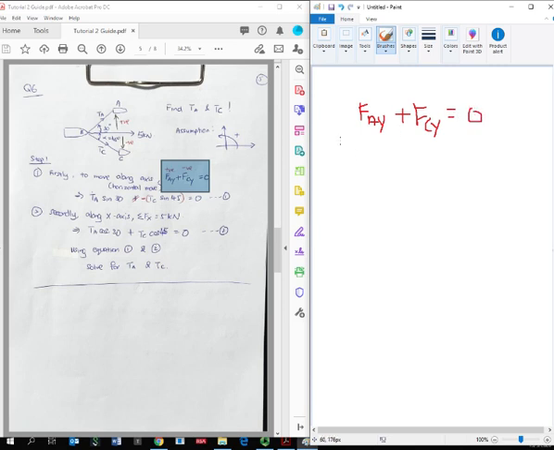This is to ensure, this is boat B, sorry for my drawing, to move straight. FAy and FCy must cancel each other properly.